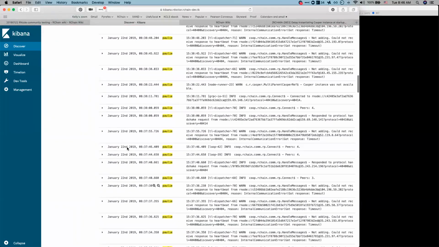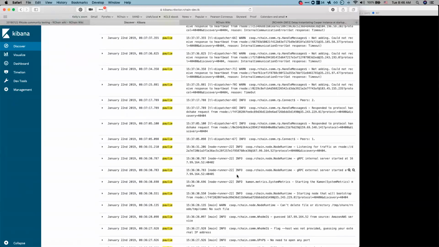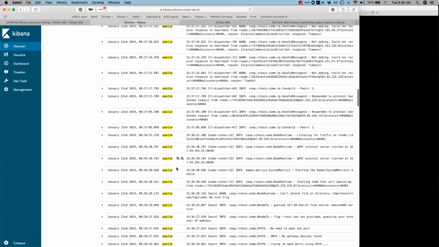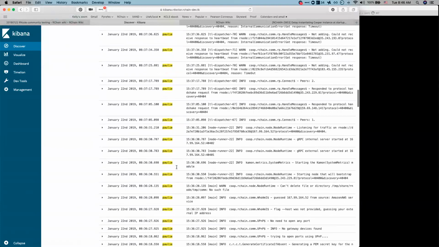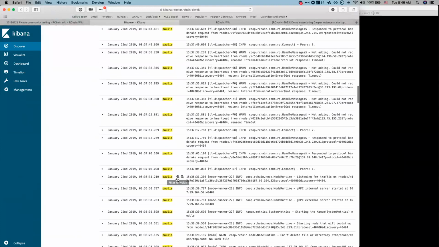So the node acts like a normal node, except that it's now receiving blocks. I'm just looking to see. I see your node start up, and I see your node handshaking with Bootstrap.